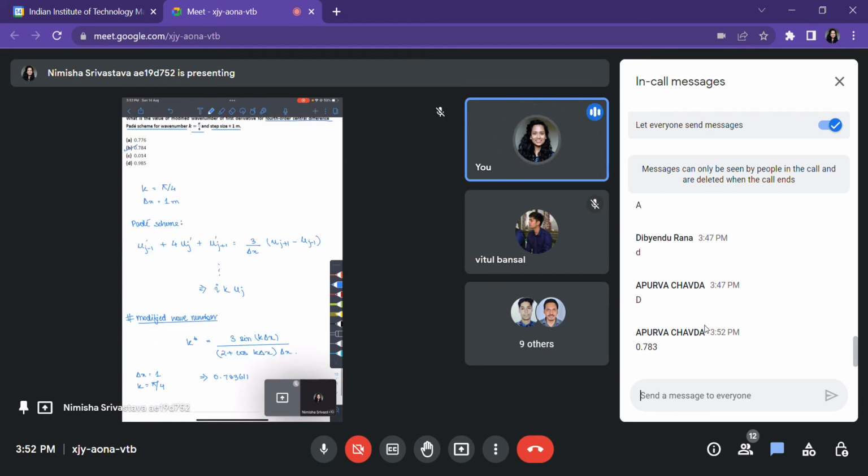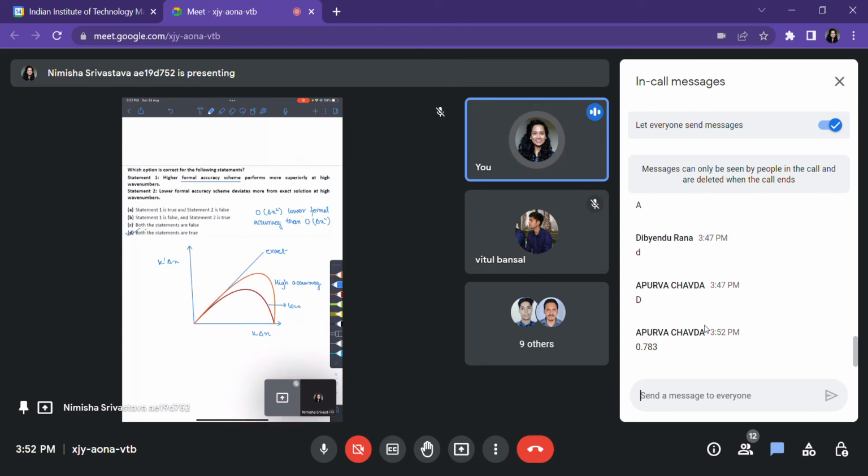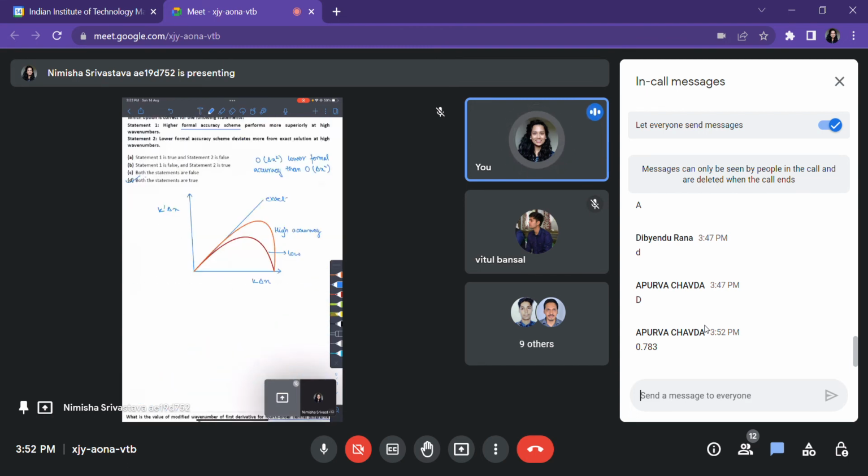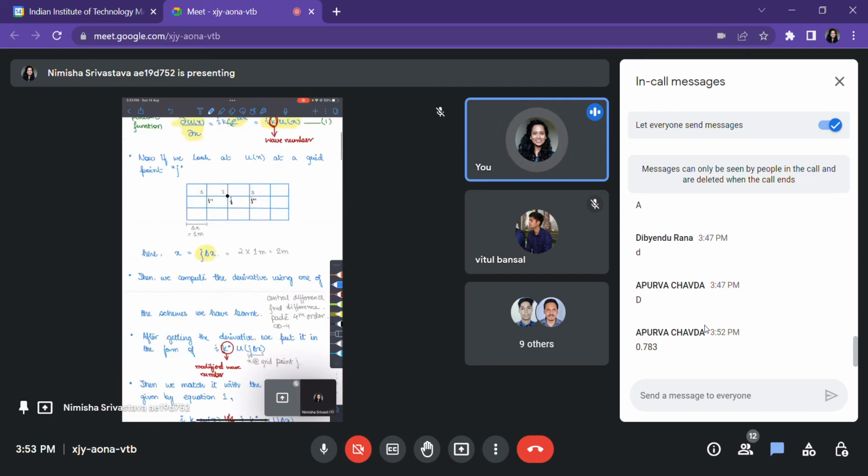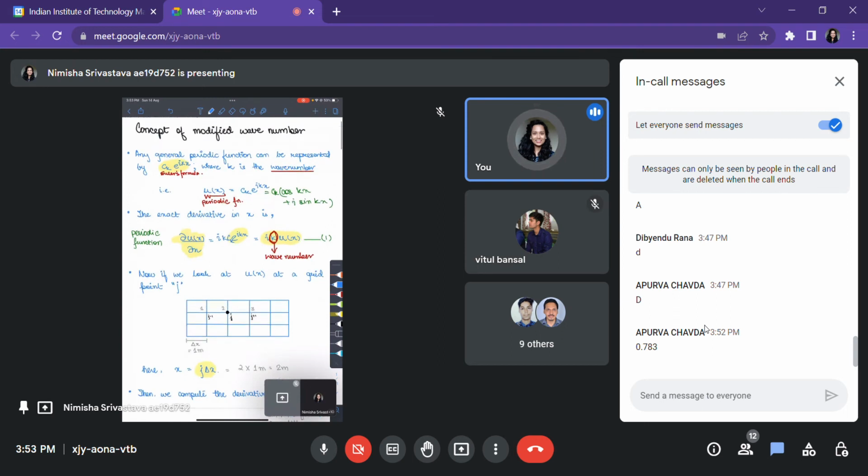Okay. So the nature of this topic that we are discussing today, modified wave number, is a bit confusing. I'm done with the questions as such because, to be fair, the concept is harder than your worksheet is going to be. But we want to get a hang of the concept as well. The concept is exactly what I've mentioned up top over here, that any general periodic function can be represented by c_k e^(iκx).